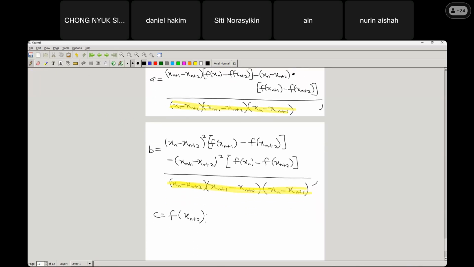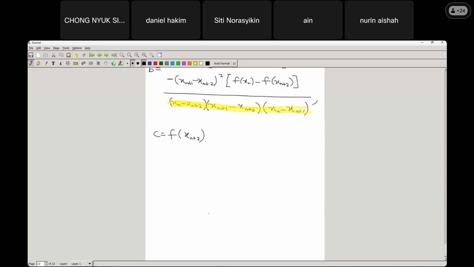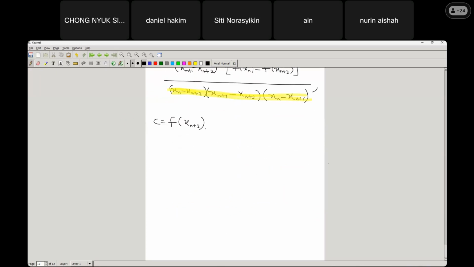So what you're going to do next is create a table. You're going to have a very big table. Let me write down here, put your answer in a table form. Guys, please forgive me, I may write quite small.